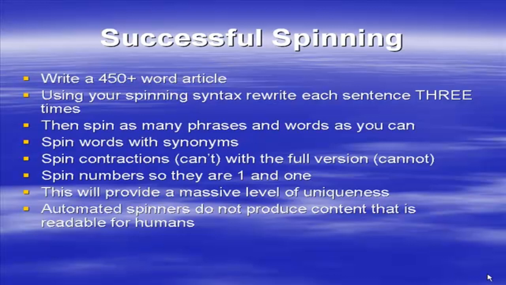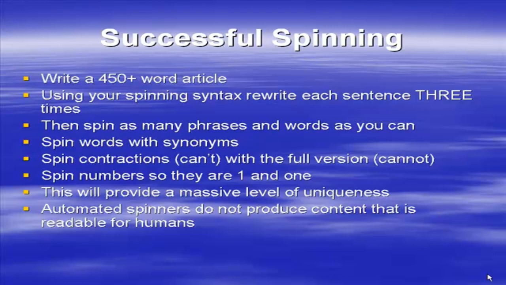I can honestly say that whilst they do produce a high level of uniqueness, they don't produce content that is readable for humans. There are plenty of words which have many meanings in the English language, and the spinners don't understand the context. They just look at the word and spin that word. They don't understand the context in which the word is being used.